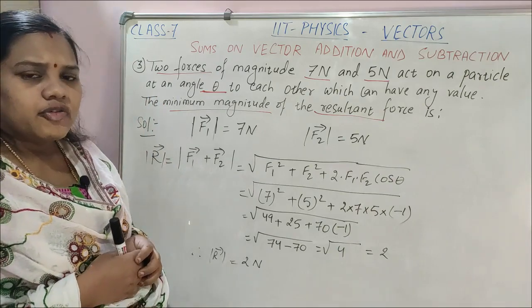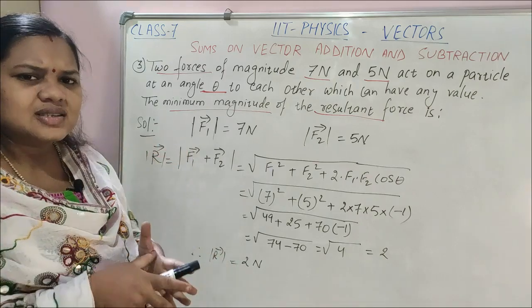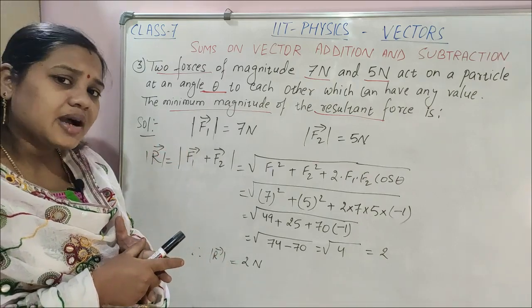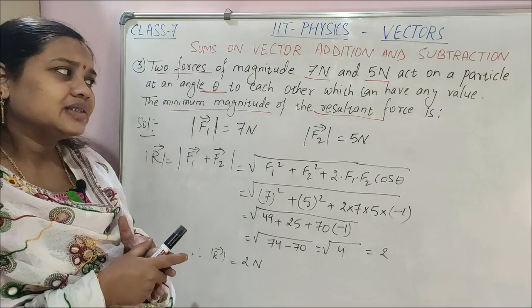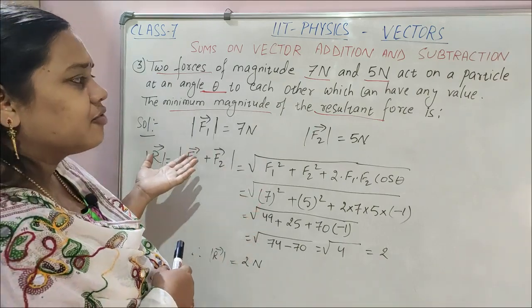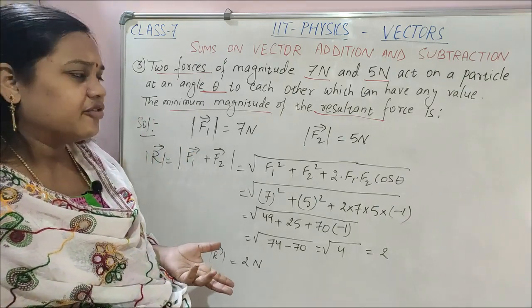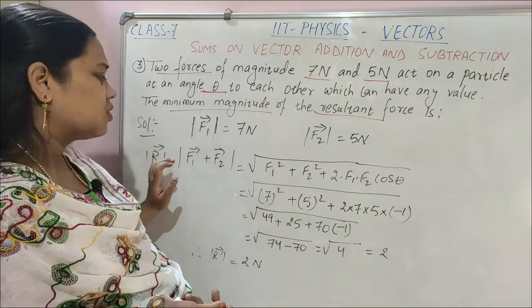Whenever two or more force vectors act on the same particle, they combine and form a single vector, which is called the resultant vector. So here two forces act on the same particle, so they combine and form the resultant force. So the resultant force is equal to what?